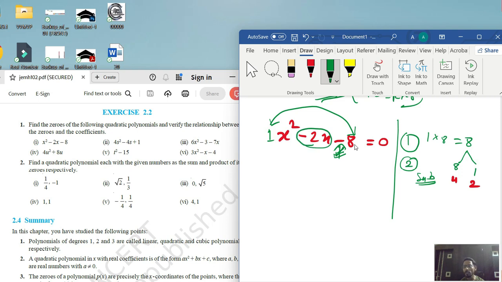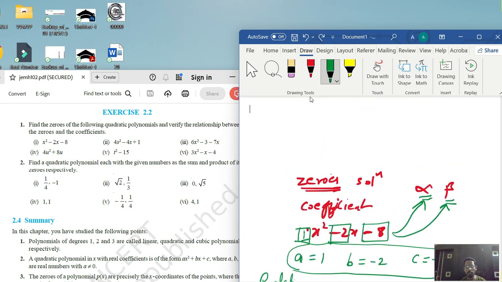Okay, so if you subtract 8 and 1, you will get 7. We are not getting 2 here. If you subtract 4 minus 2, we are getting 2 here. Okay, by subtraction we are getting 2. First and last will be same, only the middle one is going to change.